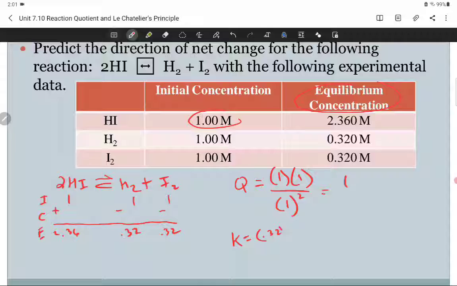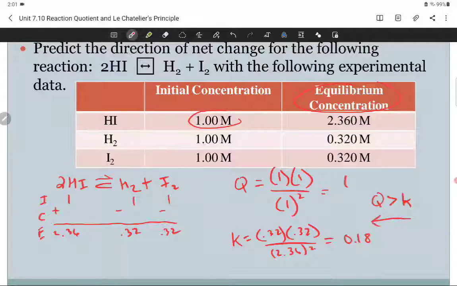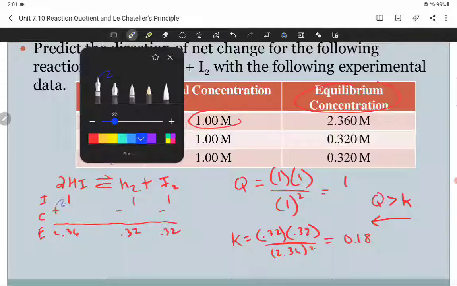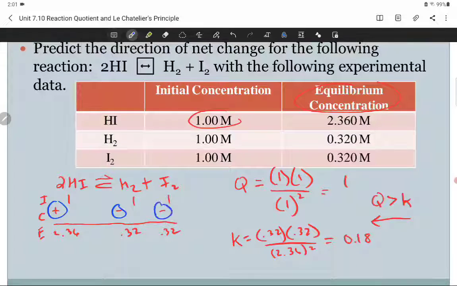So 0.32, 0.32 on the bottom, 2.36 squared, and that's going to give you a small K. We don't really need the answer, but I had previously done the math on that. So in this case, Q is greater than K. What does that mean? The reaction has to shift this way, and we've already shown those shifts with those signs. So we didn't really need to do the Q versus K to know that, but we did it anyhow.